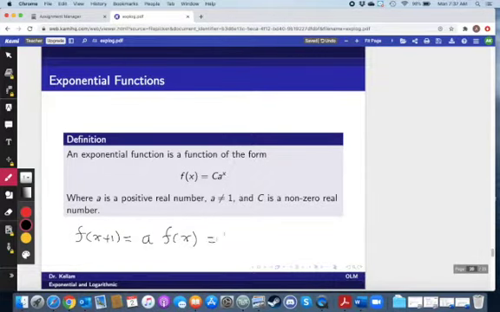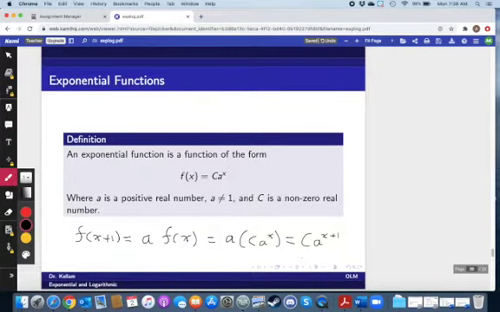So that would be a times c a to the x, or if we wanted to think about it in a slightly different manner, at this point we could write it as c a to the x plus 1.